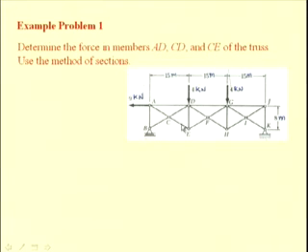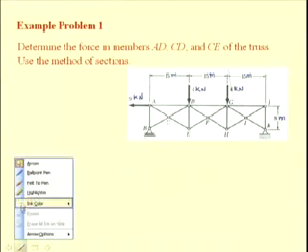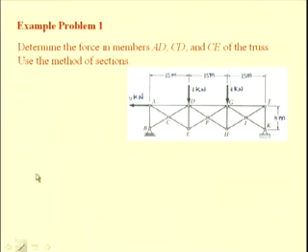From the geometry of the truss, we can see that it is possible to create a section that passes through, let us consider this section AA, that passes through the members AD, CD and CE.